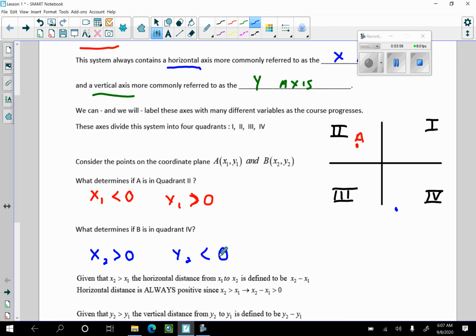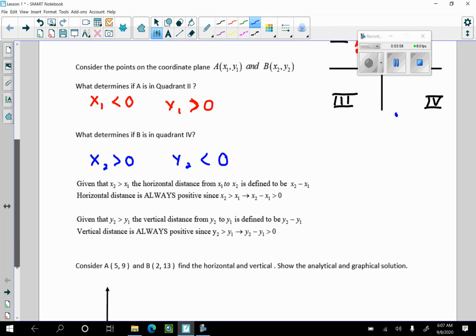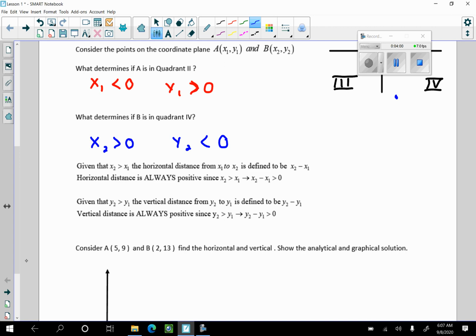We're going to talk about this very important topic in calculus, this thing of horizontal distance. And just to make it as easy as possible, we're going to assume that x sub 2 is going to be greater than x sub 1. The horizontal distance from x sub 1 to x sub 2 is defined to be x sub 2 minus x sub 1.